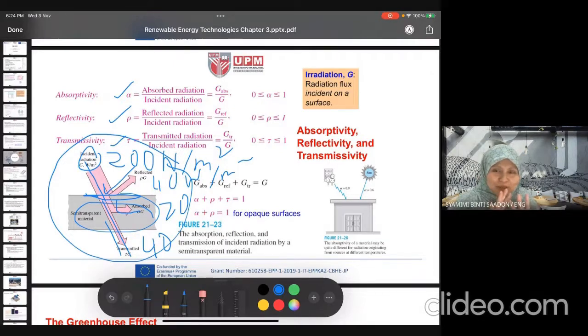Like it's dark, but not totally like a black body, not transparent. For an opaque surface, we only have absorptivity and reflectivity. The incident radiation from the source will not be transmitted through the material. The absorptivity of a material may be quite different for radiation originating from sources at different temperatures, so it depends on the temperature, of course.